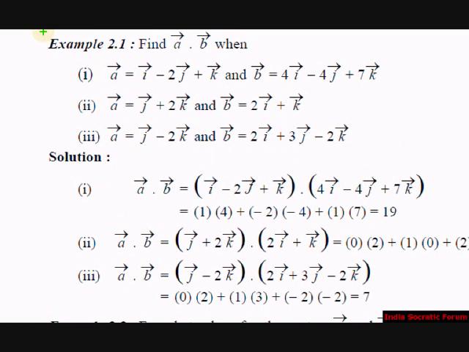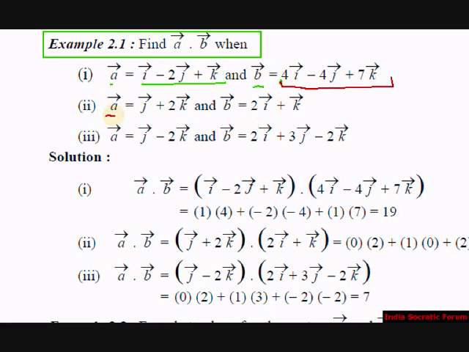Let's quickly do example 2.1 where we find a vector dot b vector, given that a vector is this and b vector is 4i plus 7k. There are three different representations, and we have to find a dot b for all these given values. First one: take this one dot product with this b vector.